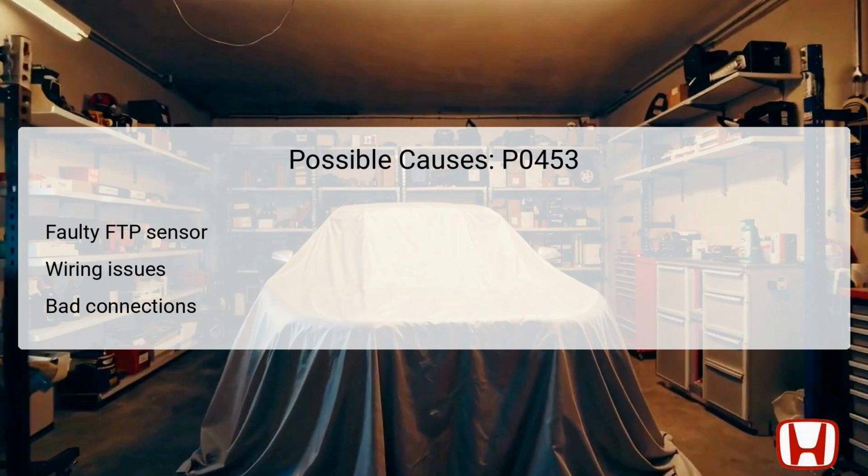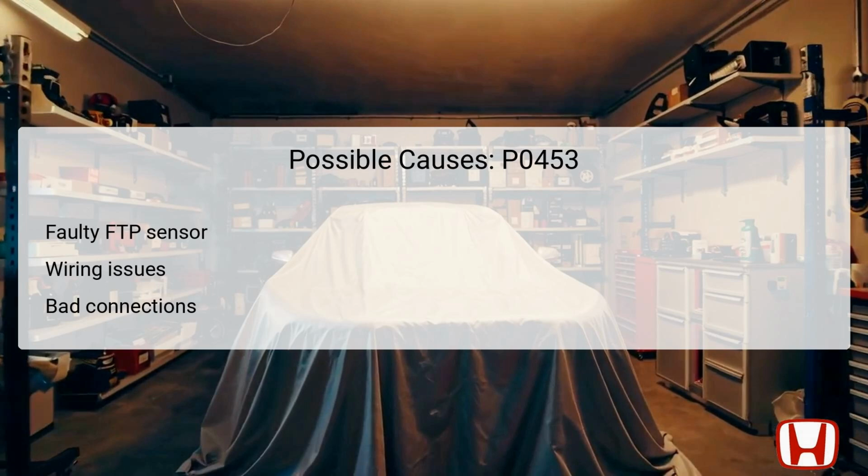Wiring that is frayed, broken, or improperly connected may result in erratic voltage readings, leading to the DTC being set. Bad connections, particularly at the junction of the FTP sensor and the ECM, may also interfere with the sensor's ability to communicate accurately. Each of these potential causes needs to be systematically checked and verified during the troubleshooting process to isolate the specific fault.